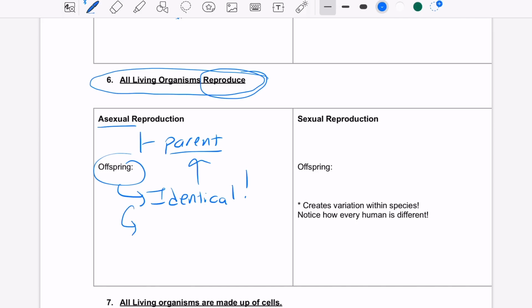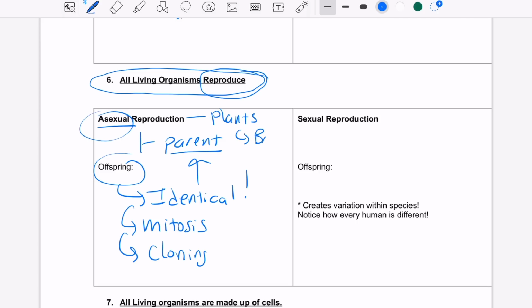This asexual reproduction is also called mitosis. And this is another example of cloning. But this asexual reproduction, you only see this in certain plants and bacteria or one-celled organisms.